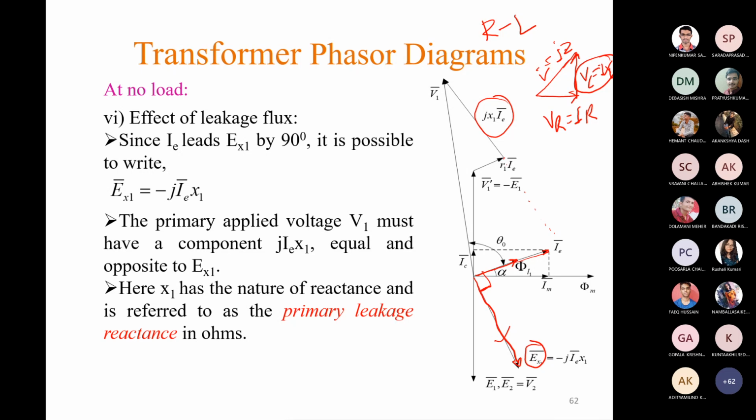Here X1 has the nature of a reactance, and it is called the primary leakage reactance. If we complete this triangle, we will get IEZ1. So V1 dash plus IEZ1 will give you the supply voltage V.